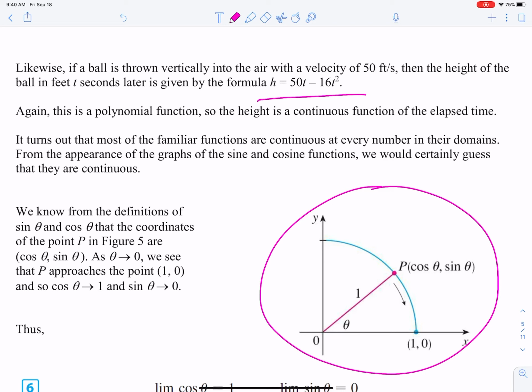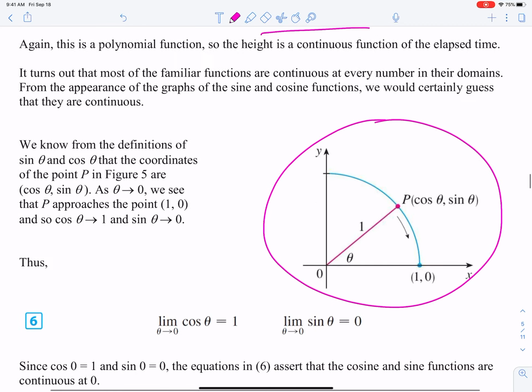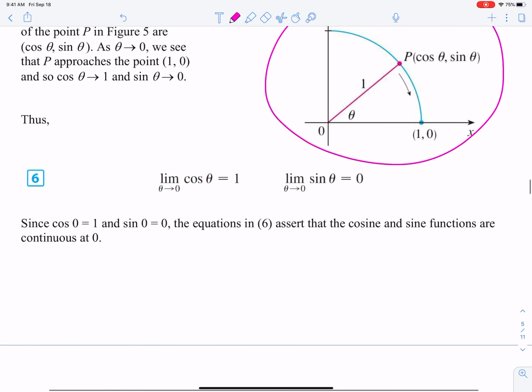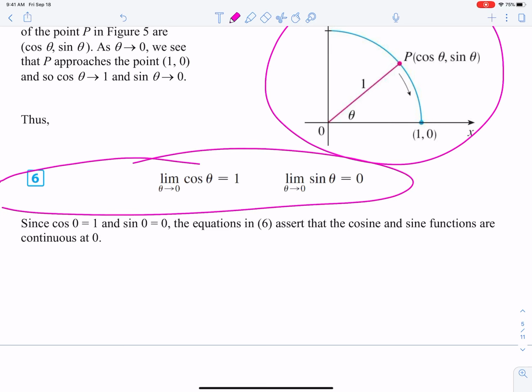As theta approaches 0, we see that P approaches the point (1, 0). And so cosine approaches 1 and sine of theta approaches 0. Thus, the limit as theta approaches 0 of cosine of theta equals 1. So these are just some good properties to know. Just going to help you out later. And the limit as theta approaches 0 of sine of theta equals 0.